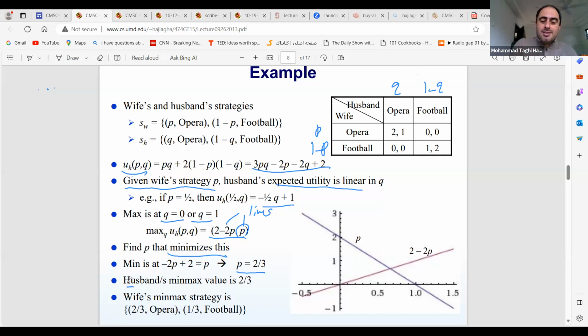Here, the husband's min-max value would be 2/3, and the wife's min-max strategy would be 2/3 opera and 1/3 football.